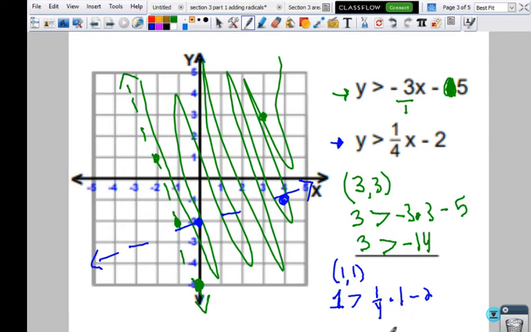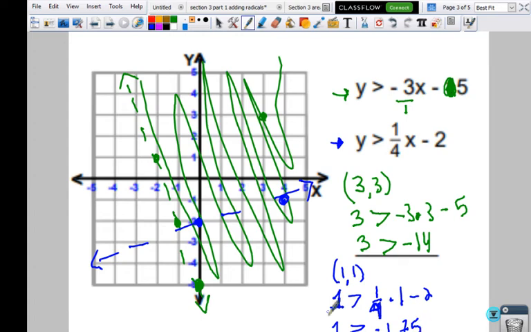Alright, and I'll save you guys some time. 1 over 4 times 1 is 1 over 4, that's 0.25. 0.25 minus 2 is negative 1.75.